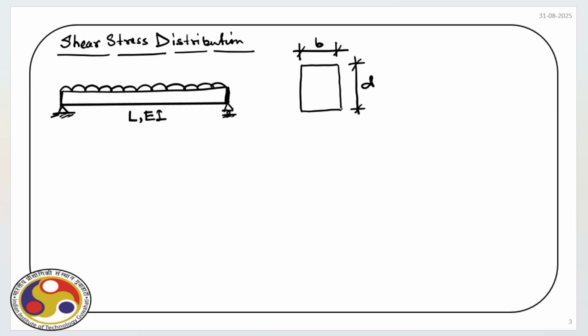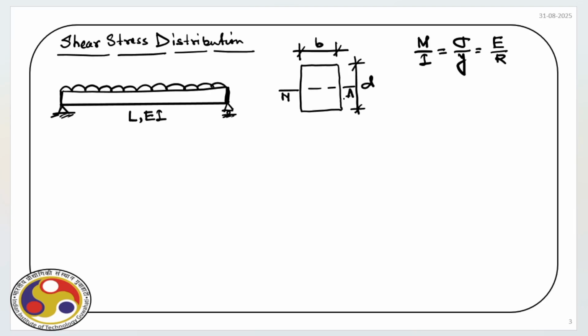For this cross section, we have already studied how the bending stress varies over the cross section. And if you recall, we derived the expression M by I is equal to sigma by Y is equal to E by R. And we also defined the neutral axis.